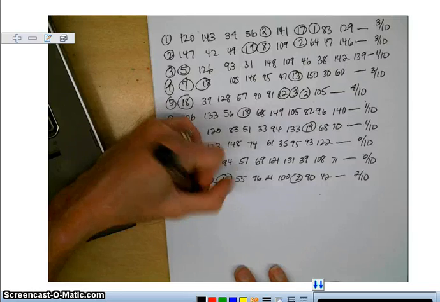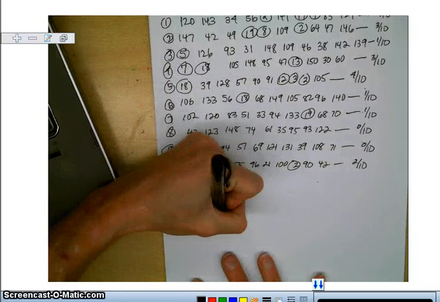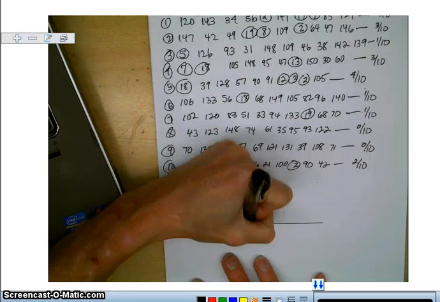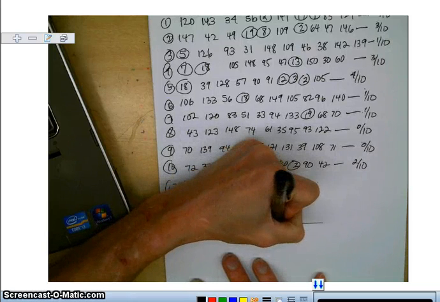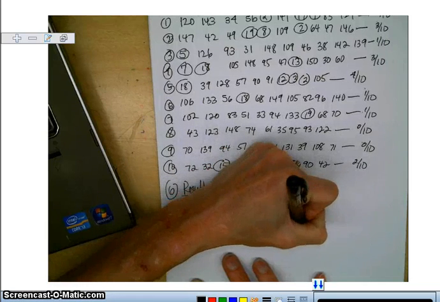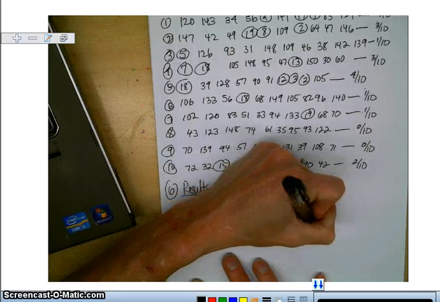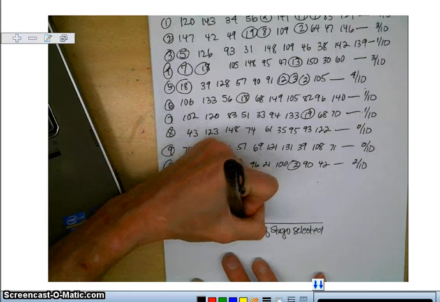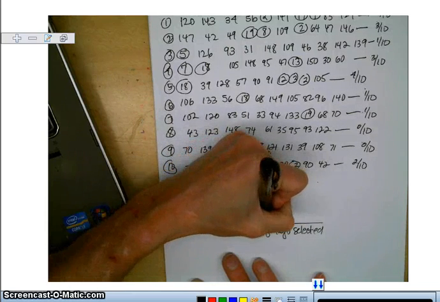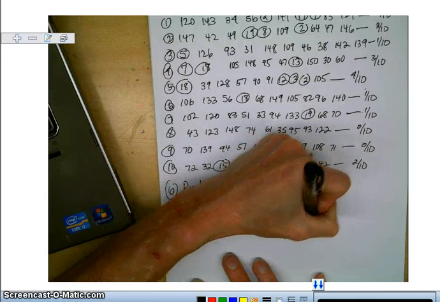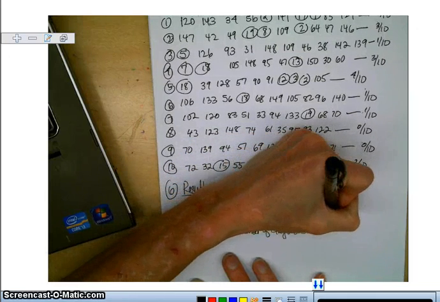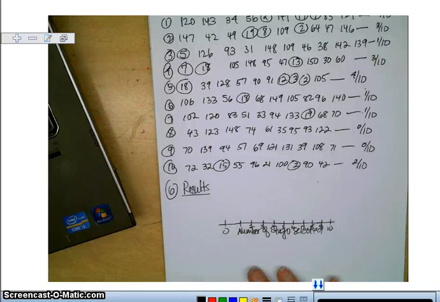And usually a dot plot is something nice, so the number of Stugo selected, 0, 1, 2, 3, 4, 5, 6, 7, 8, 9, 10, because I could have actually selected all 10 people.